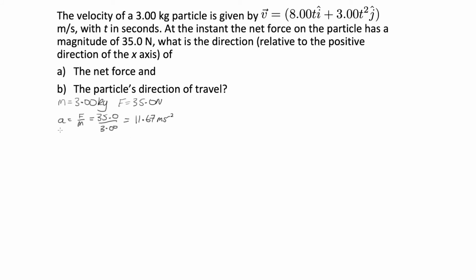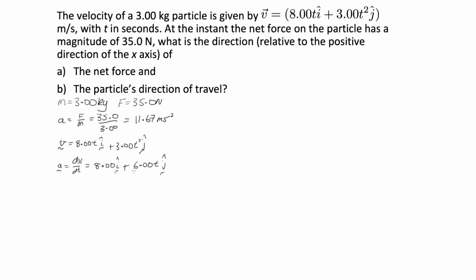Now we can also work out the acceleration by differentiating the velocity. So we know that the velocity is 8.00t in the i direction plus 3.00t squared in the j direction. So the acceleration is equal to dv/dt, which is equal to 8.00 i plus, when we differentiate this, we've got 6t j.